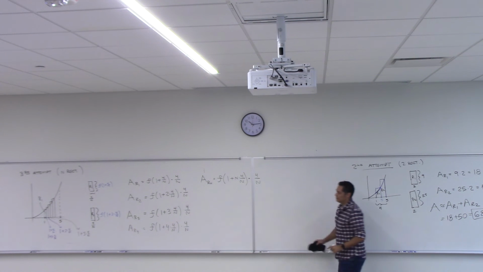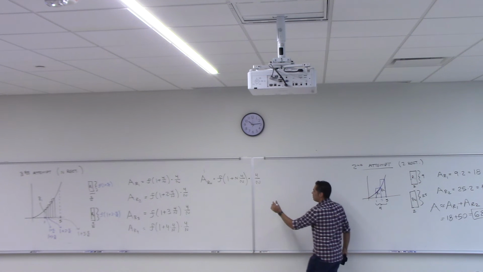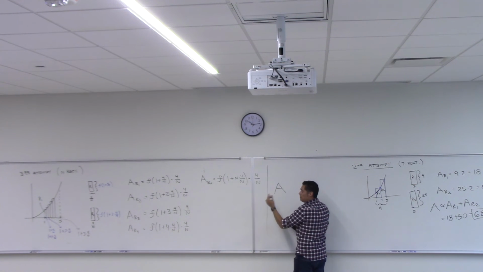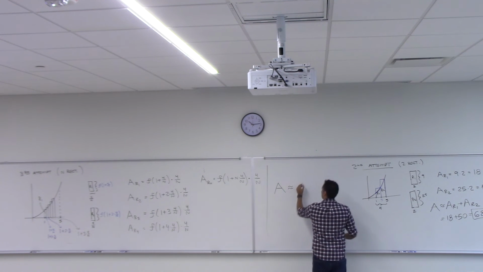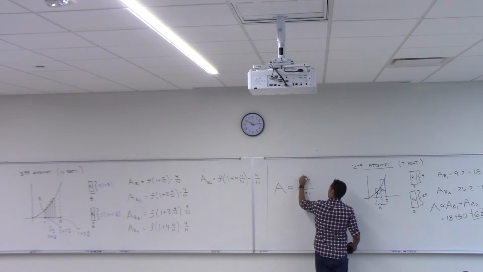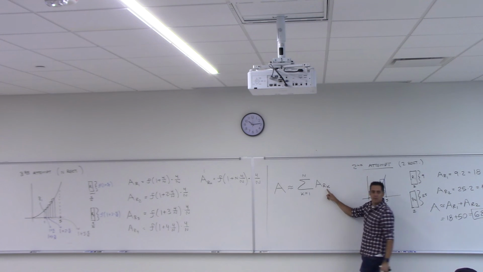Okay, got it? Now watch this. So basically, the area that I'm looking for is all of those added up. So it's the sum, k equals 1 to n, of all of the areas of the rectangles.